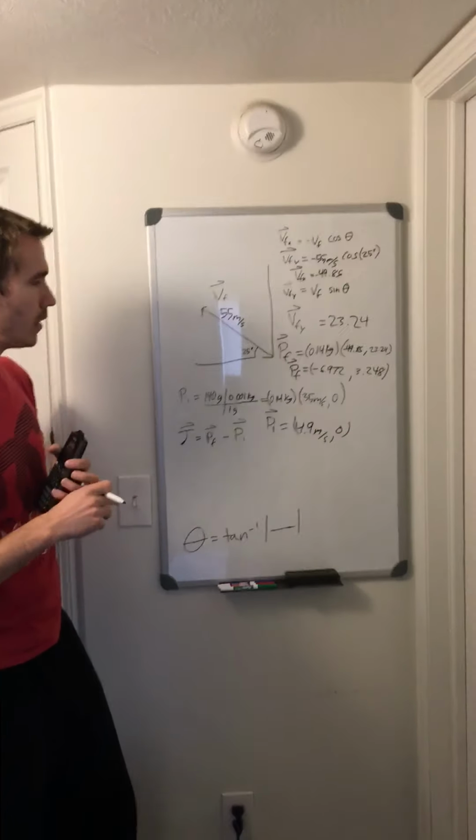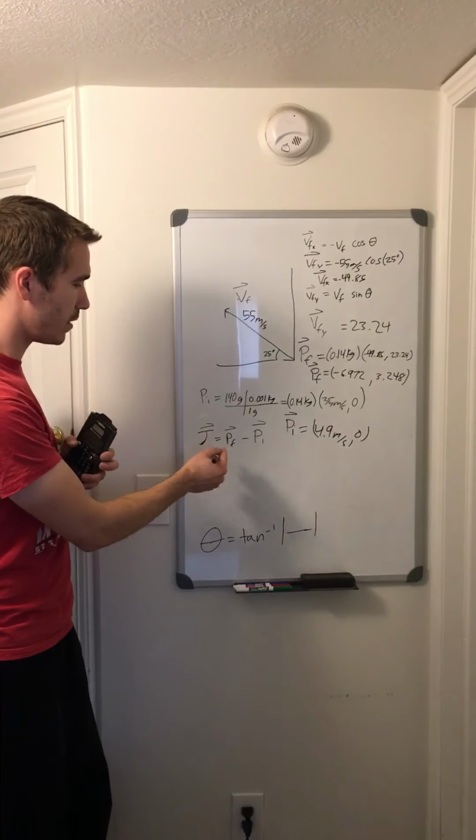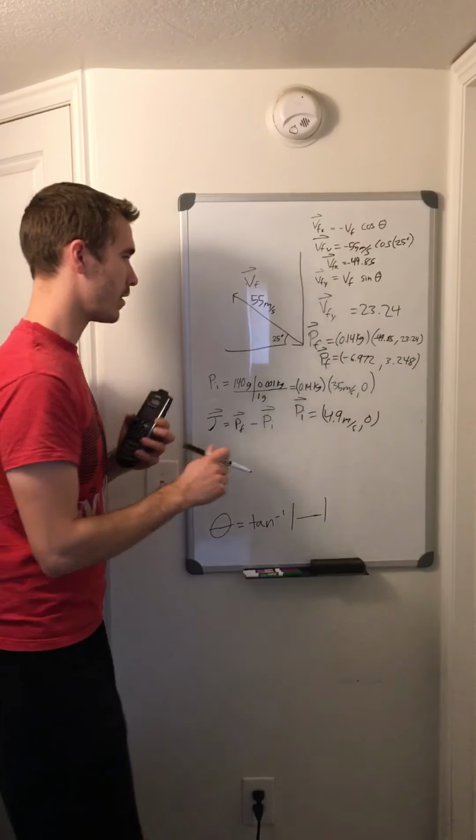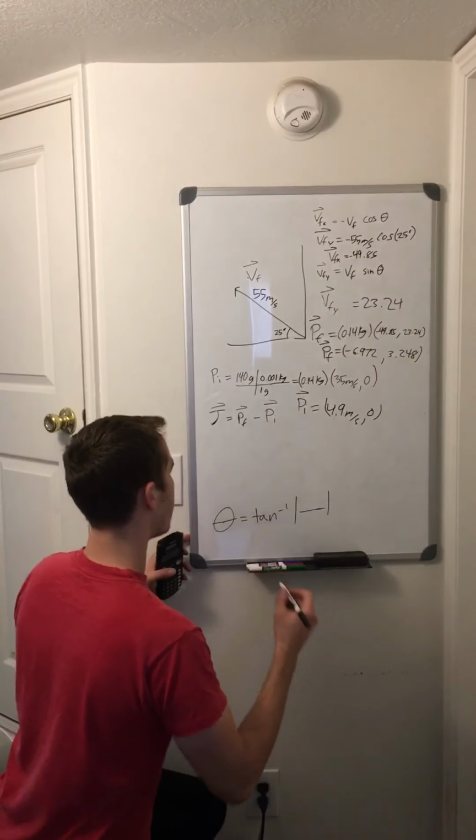And so now that we have both our vector notation momentum for the final and our vector notation momentum for the initial, we can just input them into this equation, which will give us our impulse.